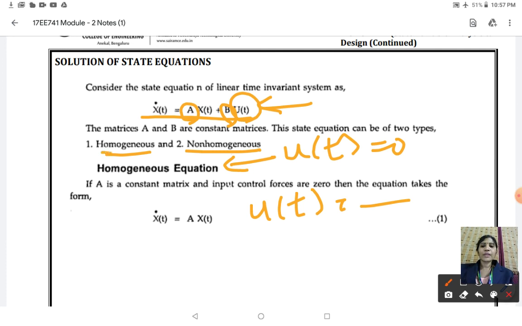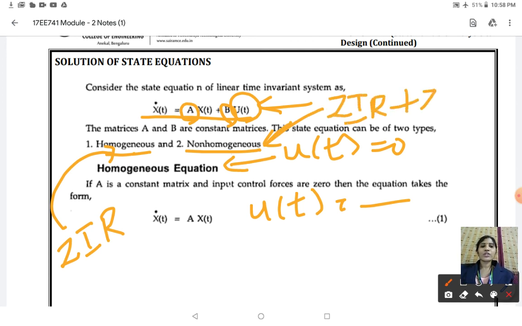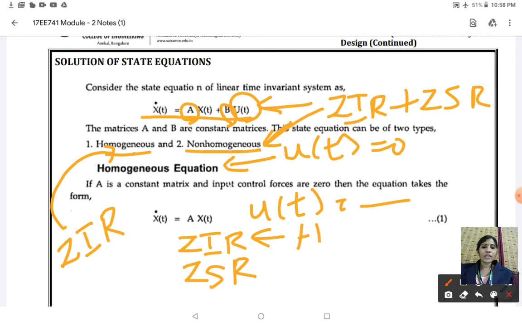The solution obtained using the homogeneous equation is going to be your unforced solution, whereas the solution obtained using the non-homogeneous equation is going to be your forced solution. So the output response of the homogeneous equation is the zero input response, whereas the output obtained using the non-homogeneous equation is the zero input response as well as the zero state response.